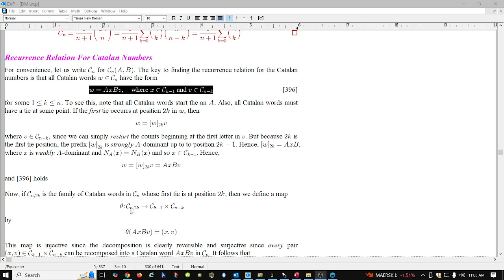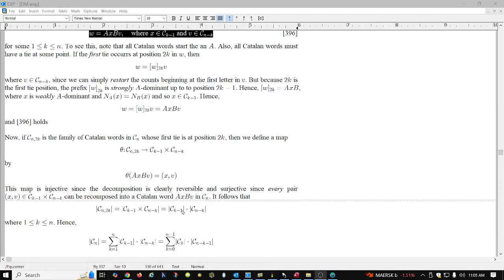So this is a map from Cn,2k, the Catalan words of length 2n whose first tie position is at 2k, to Catalan words in Ck-1, comma, Catalan word in Cn-k. This map is certainly injective because this decomposition can be restored. We can put the A back in front of X, the B in front of V, and drop the comma, and we come back to the word we started with.